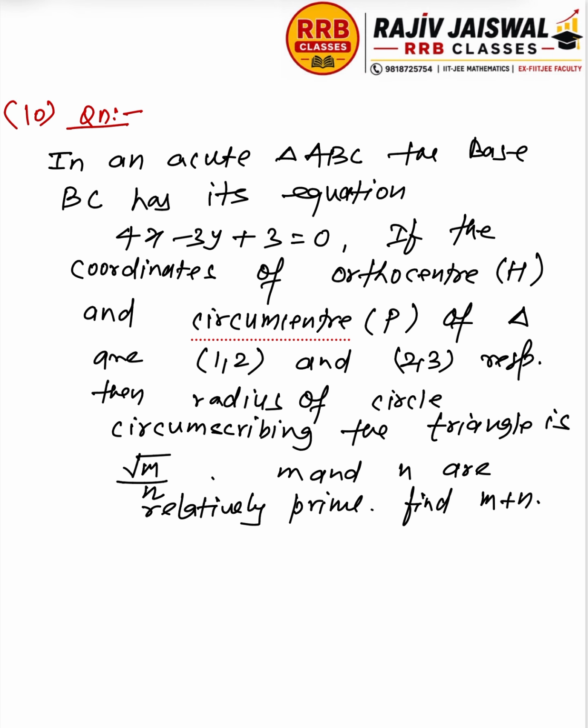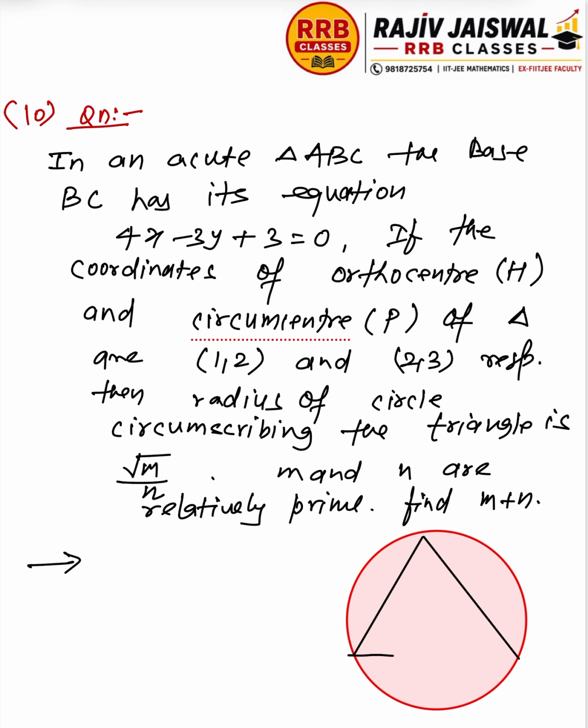So we have an acute angle triangle ABC. Let me draw the figure. Suppose we have this circle, and then we inscribe a triangle in it. So this is the triangle ABC.